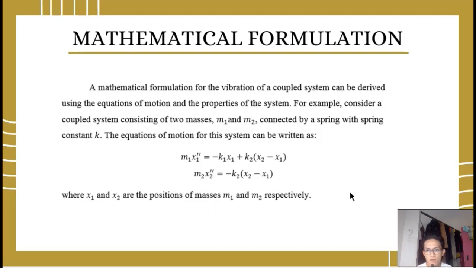For example, consider a coupled system consisting of two masses, M1 and M2, connected by a spring with spring constant K. The equations of motion for this system can be written as M1 x1 double prime equals negative K1 x1 plus K2 times (x2 minus x1), and the second equation is M2 x2 double prime equals negative K2 times (x2 minus x1), where x1 and x2 are the positions of masses M1 and M2 respectively.